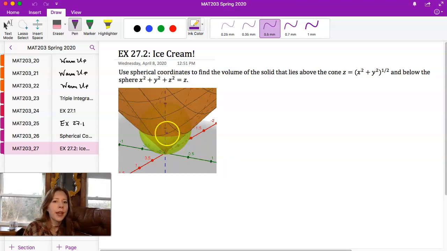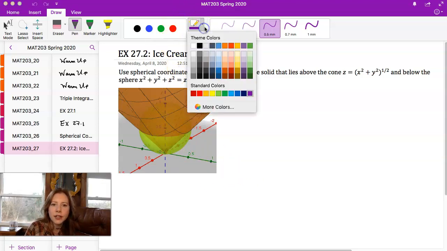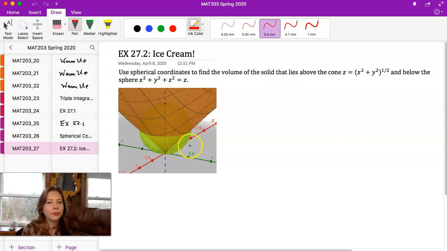It's a little tricky to see, so I am going to try to outline this the best I can, maybe with red. Here is the lower extent of our cone.